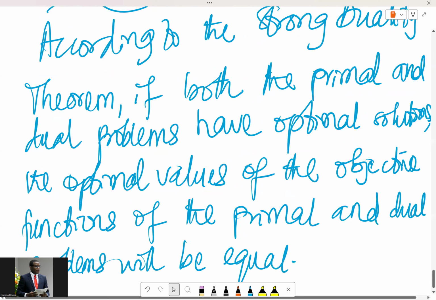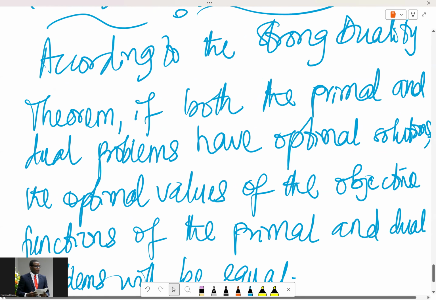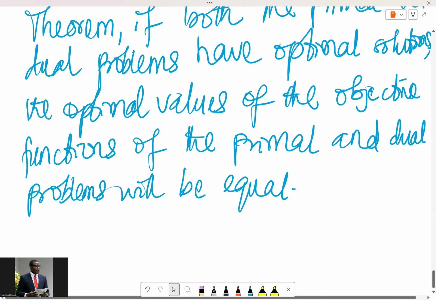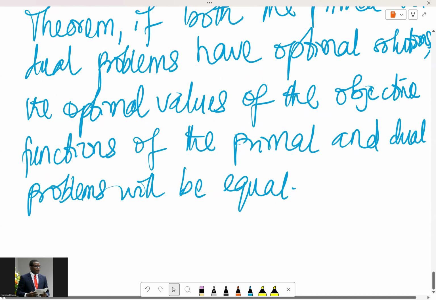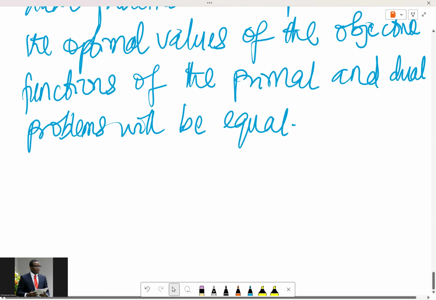Okay. So according to the strong duality theorem, if both the primal and dual problems have optimal solutions, the optimal values of the objective functions will be equal.